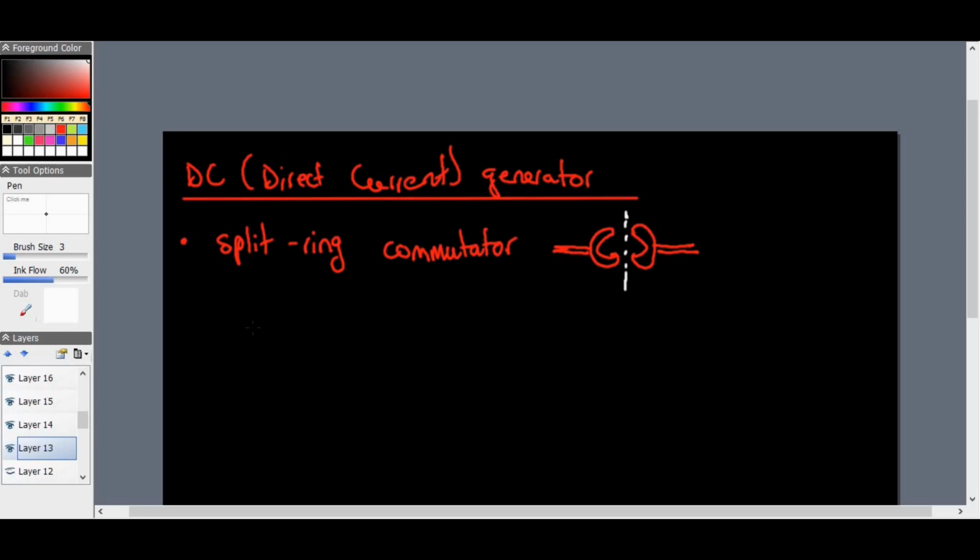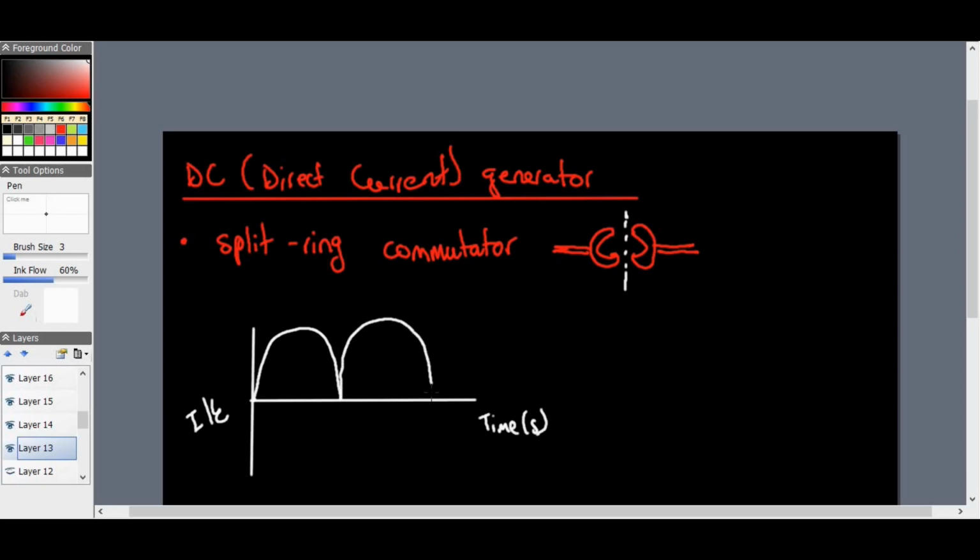Now, when you have a graph of DC, you have current or the induced EMF versus time in seconds, and DC only flows one way. In other words, it'll look like frog leaps, which is my colloquial way of explaining it, all on the one side.